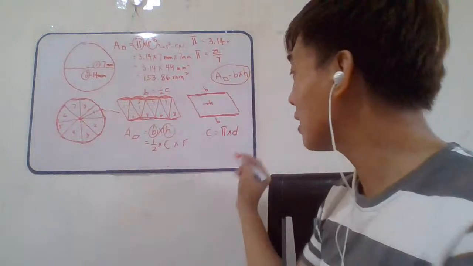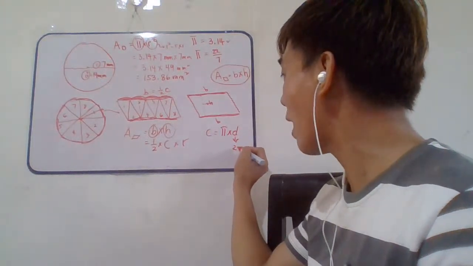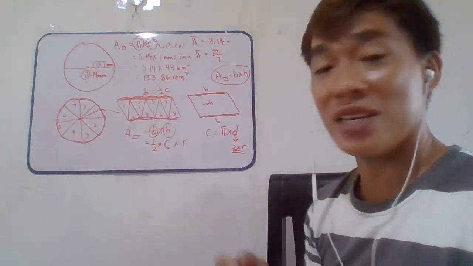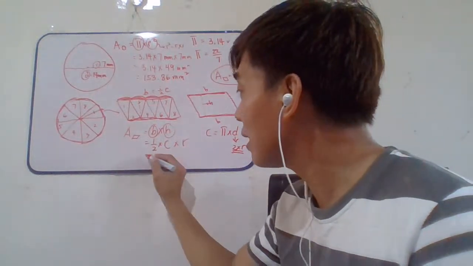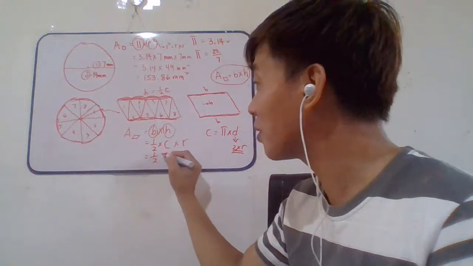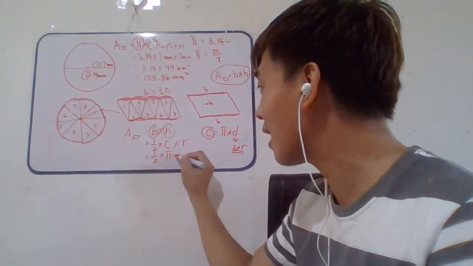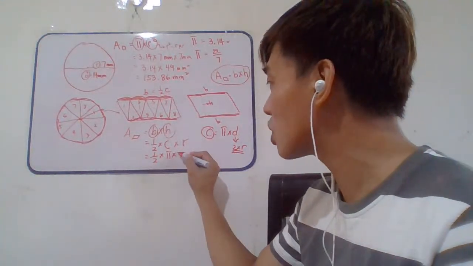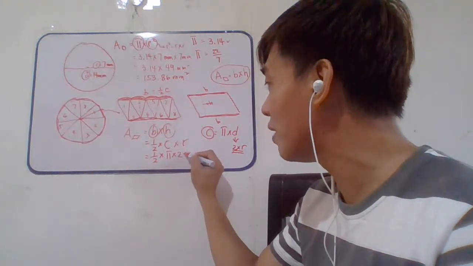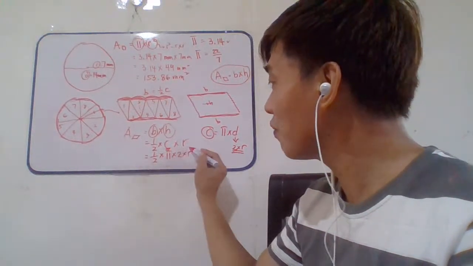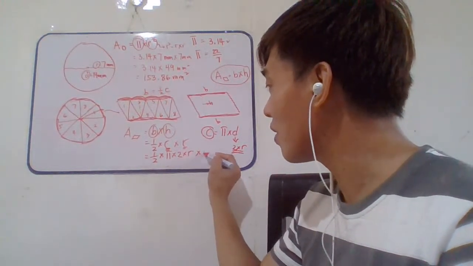So the circumference is equal to pi times d, which is twice of the radius. And of course, we have here another radius.